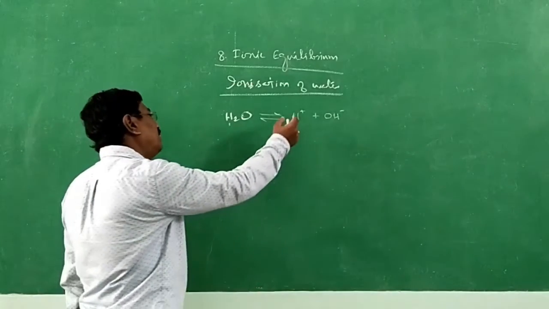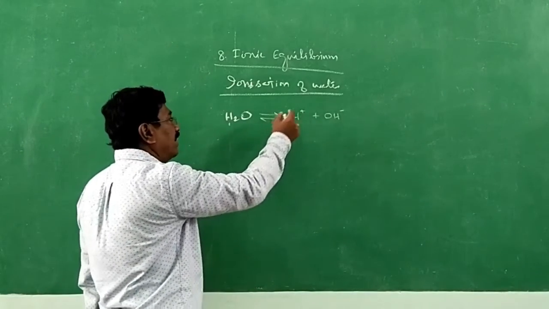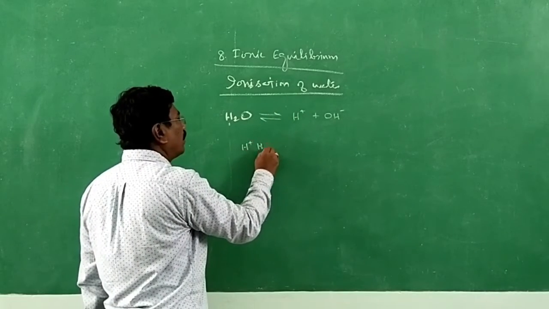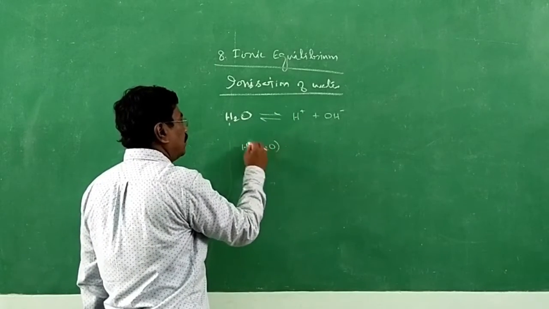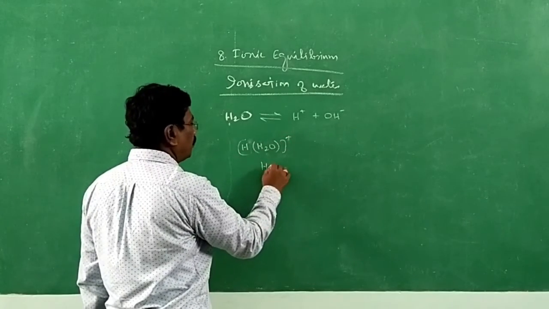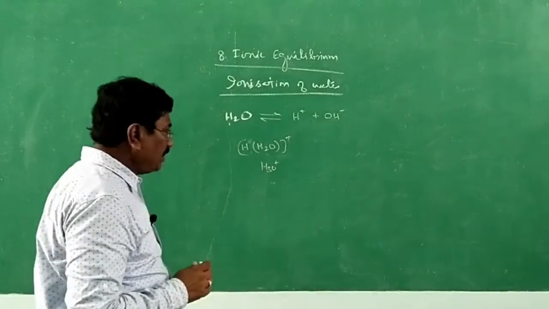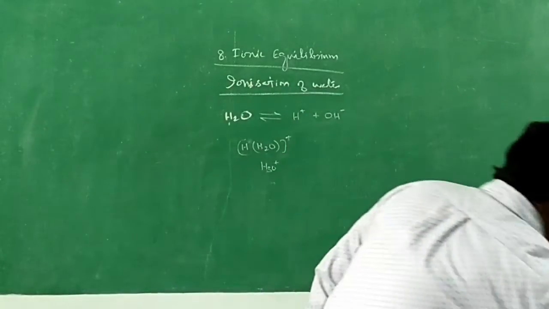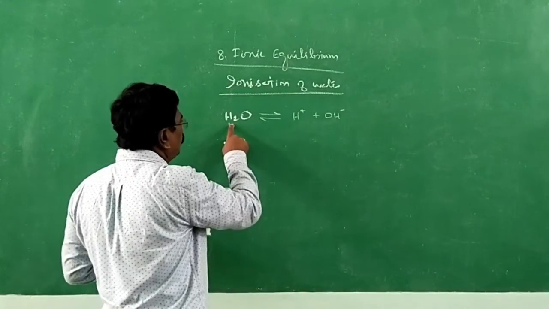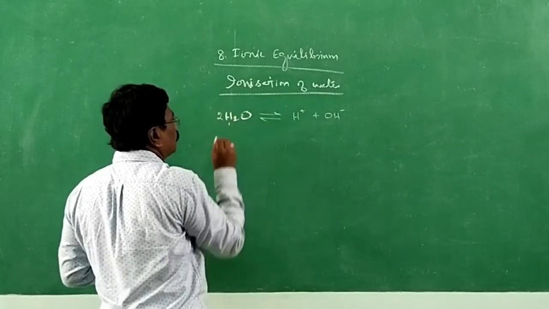But we said hydrogen ion usually exists as hydronium ion, by combining with water. H plus gets combined with water to become H3O plus. That's what we have seen. Since it is available in the combined state, I can write H2O, one more H2O, that is 2 H2O.